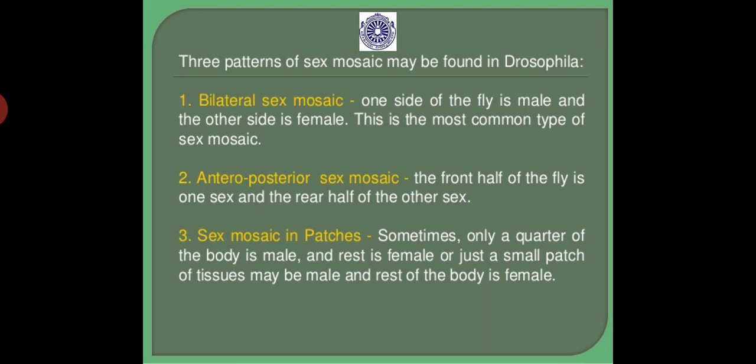They are of very rare occurrence, and the most common is bilateral sex mosaic, as we saw in the previous slide with the photograph of Drosophila melanogaster. So though gynandromorphs occur occasionally in Drosophila, it is not a common feature. So this is all about the gynandromorph, a very unique thing.